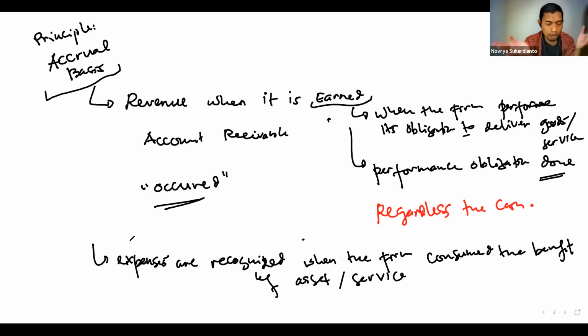In our modern business today, I think it's common for a business to send the inventory or to perform the service for the customer in advance, and then you bill the customer later, and then you get the payment later. But if we use the cash basis in this economy, then you will not record any revenue until you get paid.